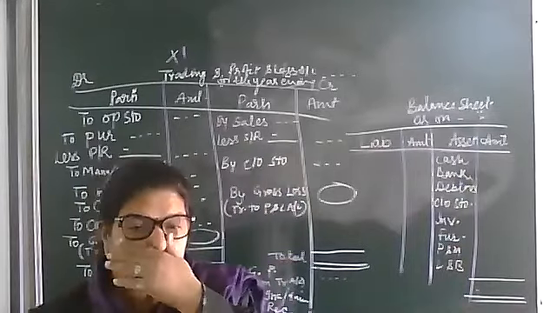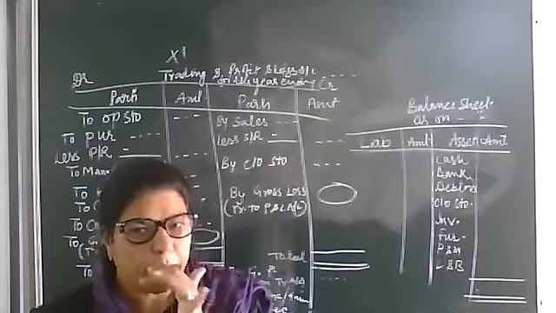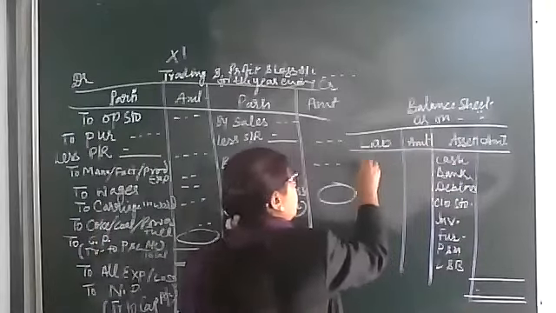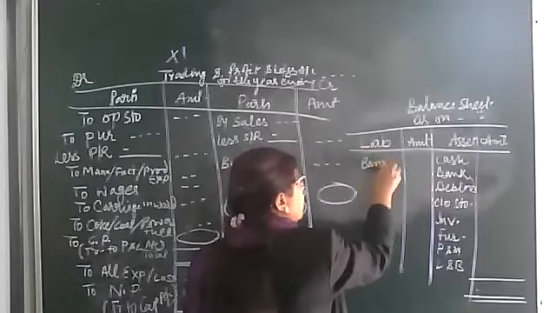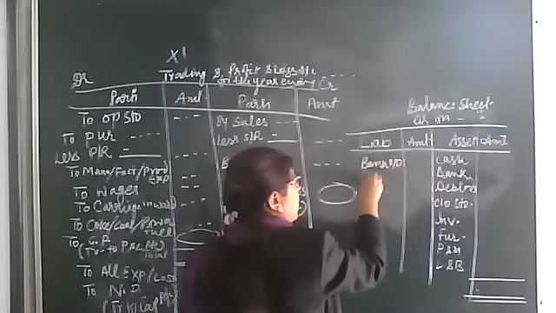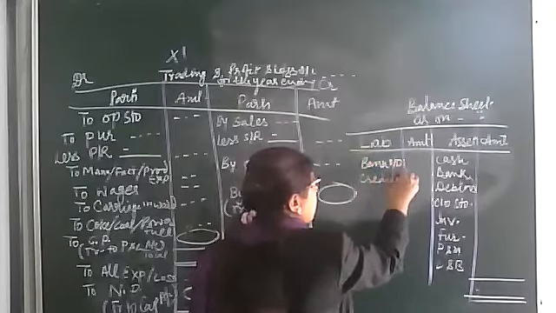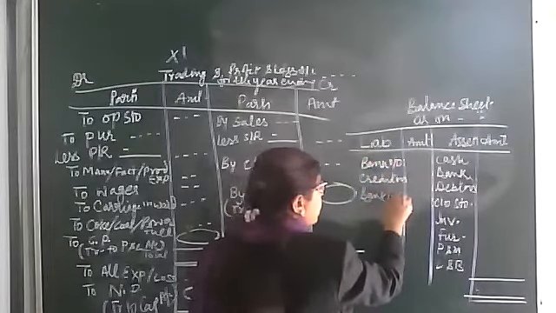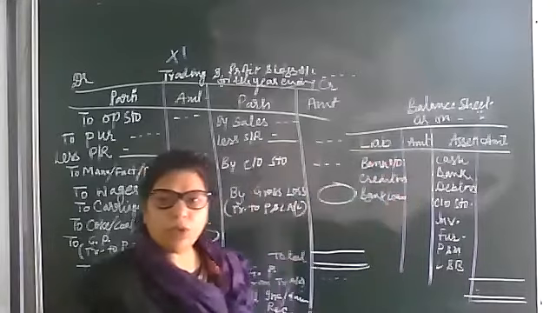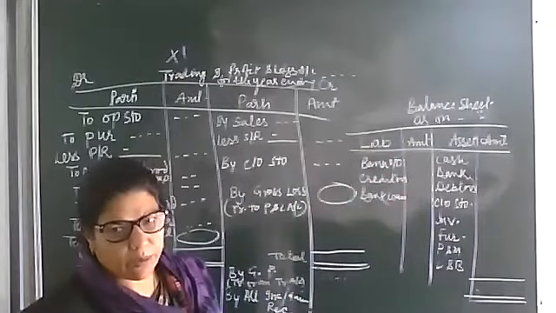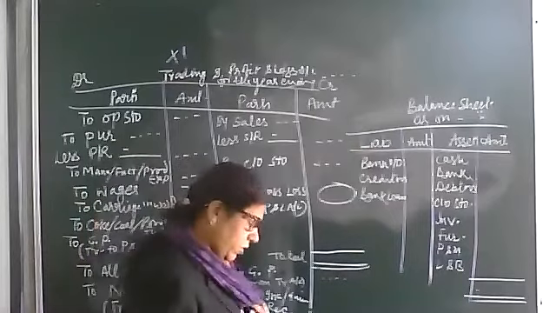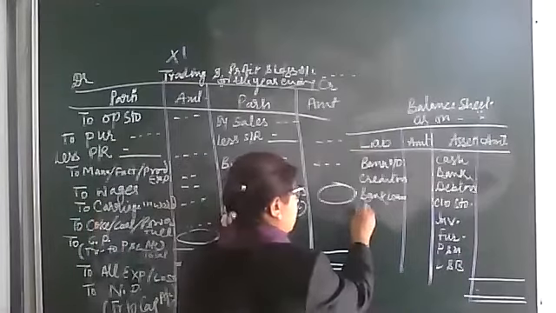Now at the liability side, fixed format is there. Creditors, bank holding, bank loan. Bank loans are also a liability of the businessman, whether short term or long term, both to be entered. Then capital.